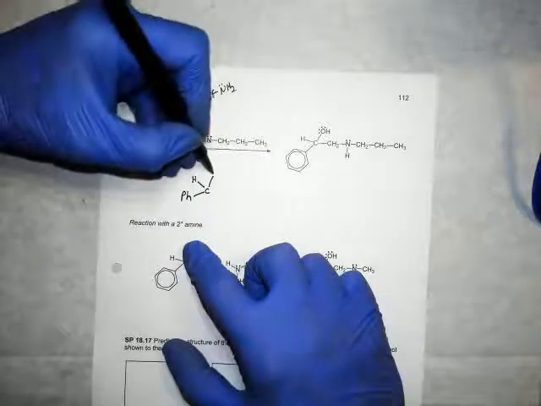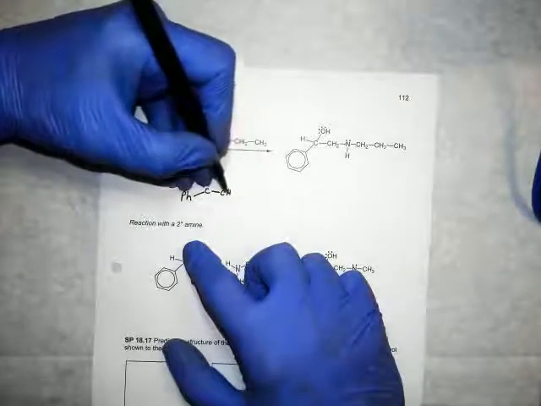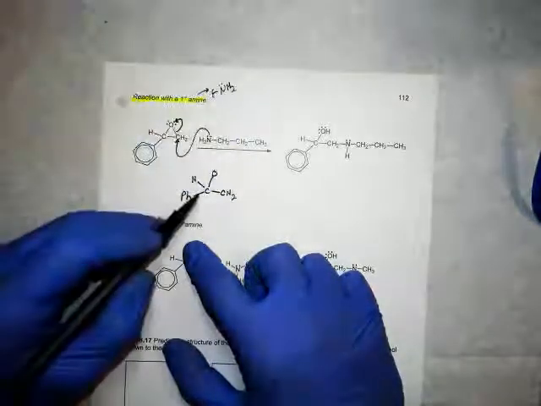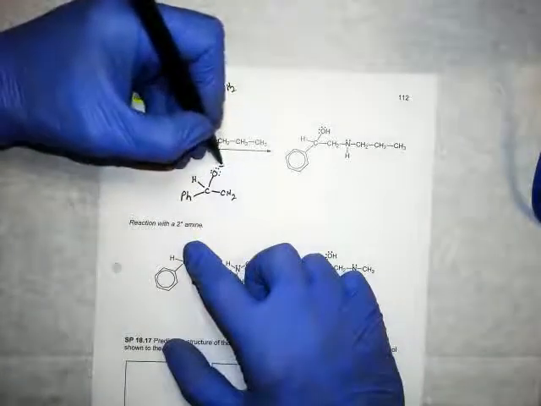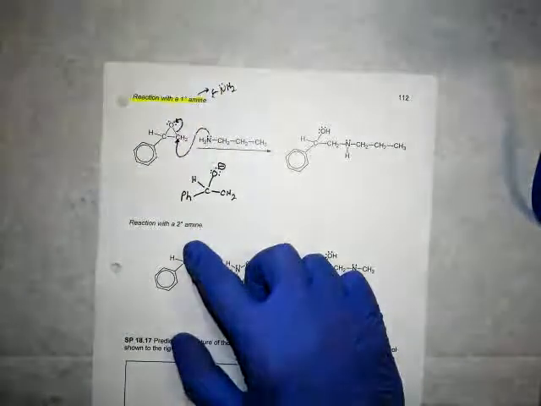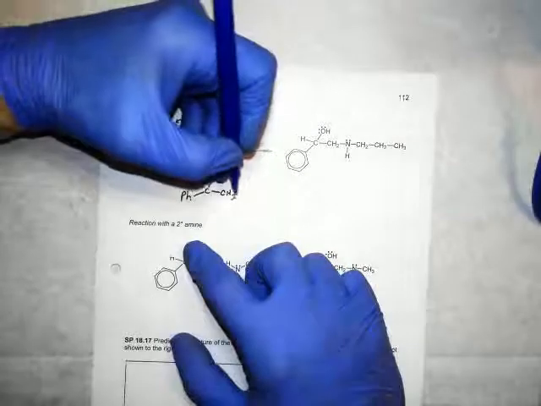Alright, so there's that oxygen now. Here's that methylene. Let me go ahead and put the lone pairs and the negative charge on the oxygen. Let me sketch in this remaining portion.